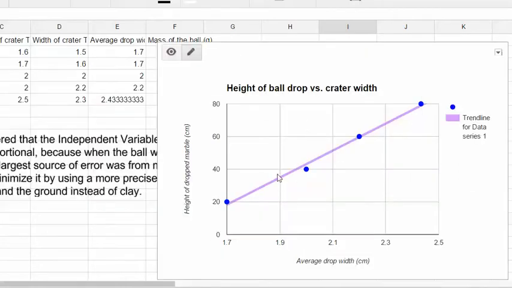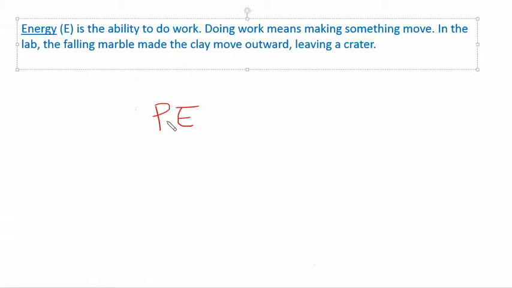And here's another group showing that the work done on the clay is directly proportional to the height that it was dropped from. So this energy we're going to call potential energy, or gravitational potential energy, we see is directly proportional to the height that it was dropped from.